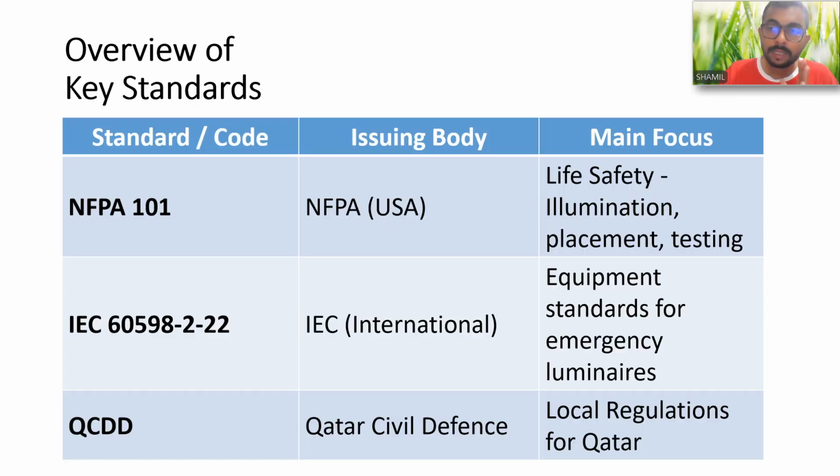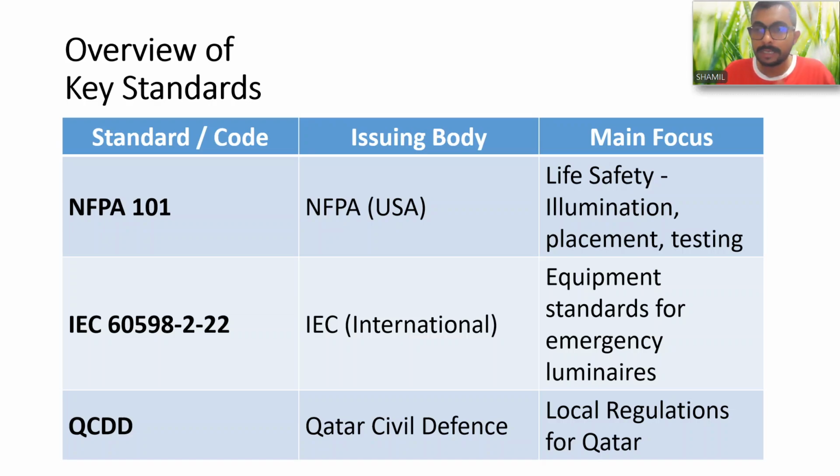Now let us see what codes and standards we need to follow when it comes to emergency and exit lights. There are three standards that we normally follow. The first one is NFPA 101. NFPA 101 is a code which is also called the Life Safety Code, published by the Fire Protection Association named NFPA, which stands for National Fire Protection Association.